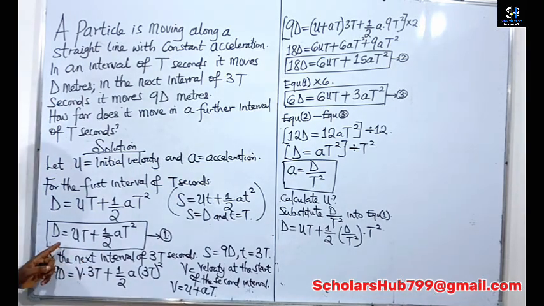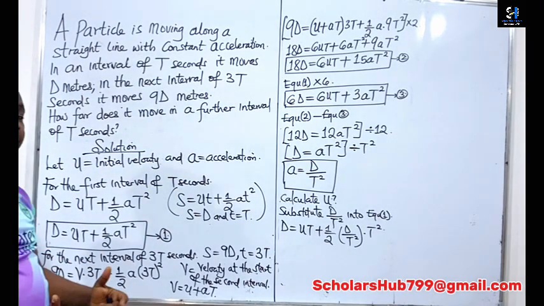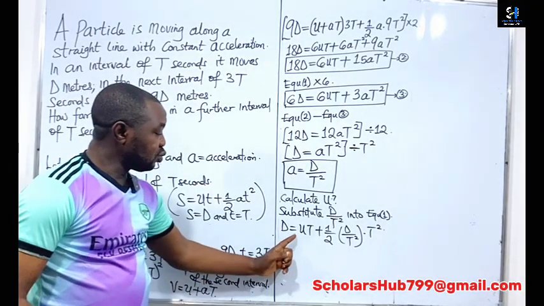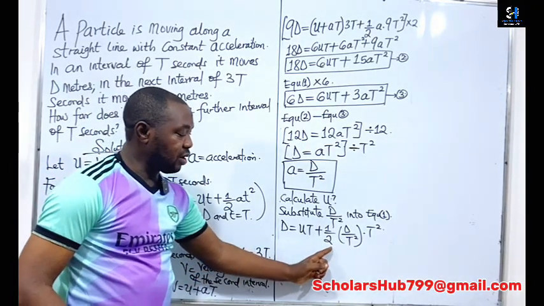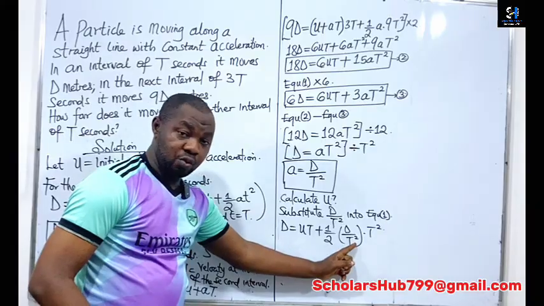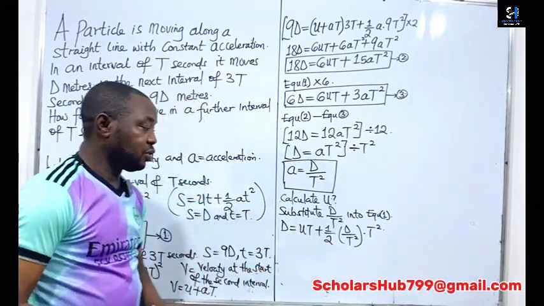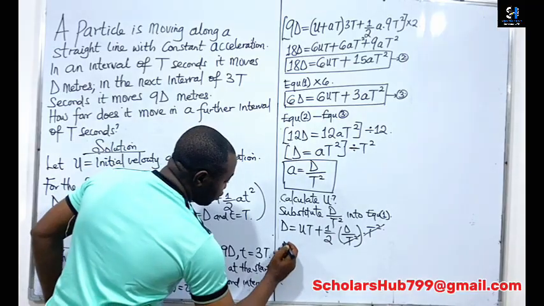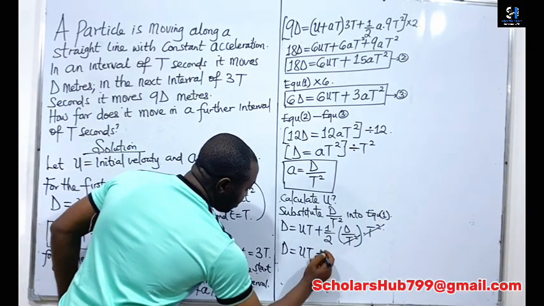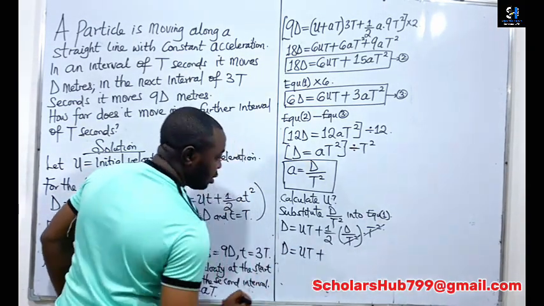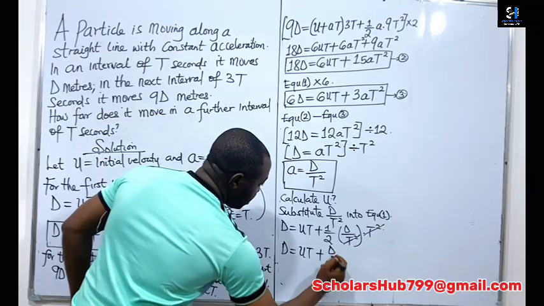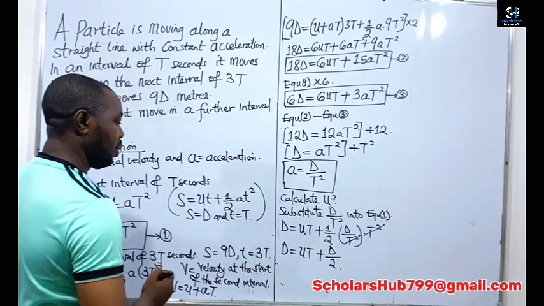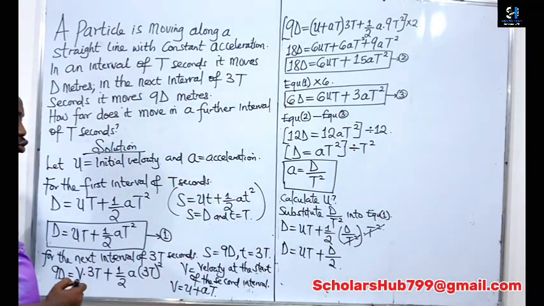Which means d will be equal to ut plus 1/2 of d over t squared, that is the acceleration, multiplied by t squared. So this will reduce to d equals ut plus d over 2.